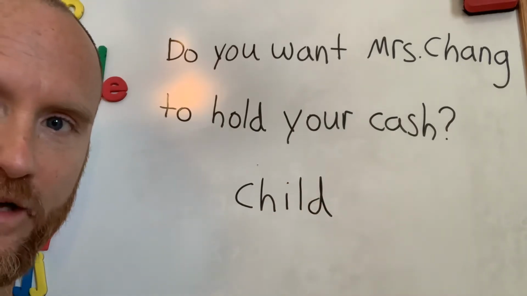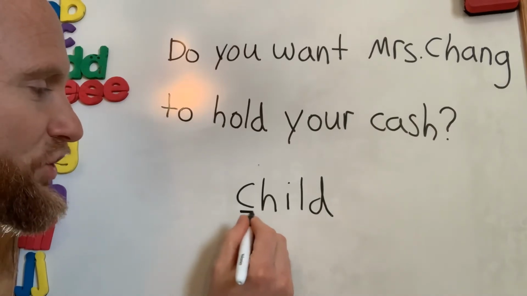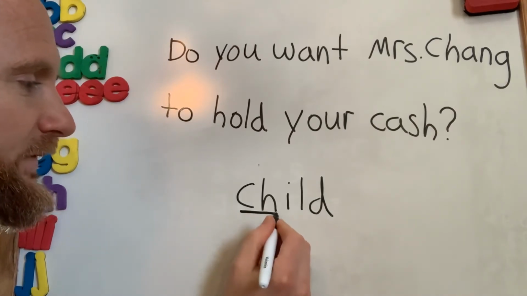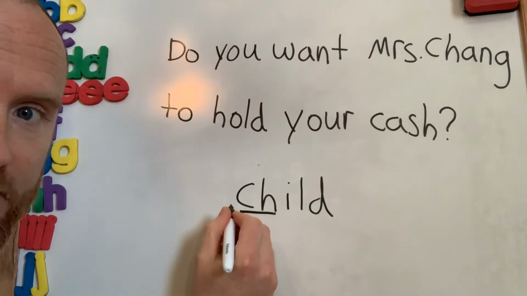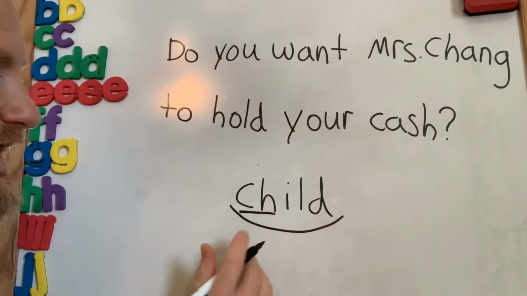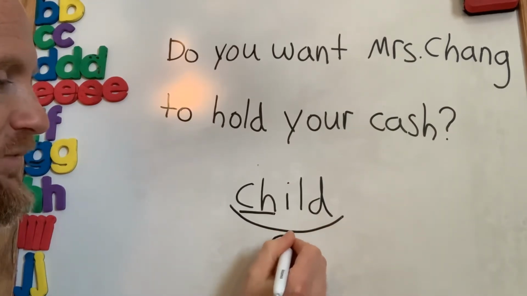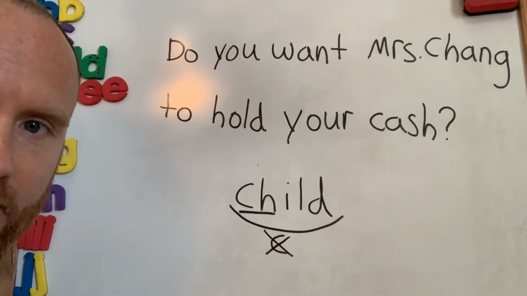Okay, were you right? All right, now here's how I'd mark it. Ch. It gets one mark because it's a digraph. And here's how we'd mark the rest. This is a closed syllable exception, okay? And here's what makes it a closed syllable exception.